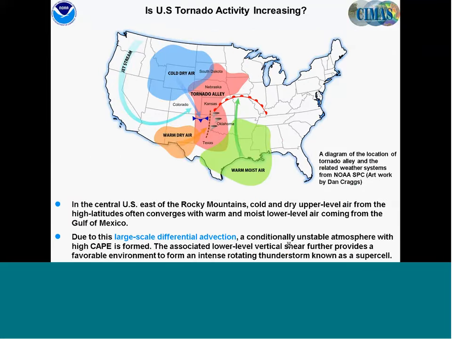All right, so this schematic picture illustrates why we have very high tornado activity in the U.S. In the central U.S., east of the Rockies, we have this cold and dry upper-level air coming from the high latitudes that converges with the warm and moist low-level air coming from the Gulf of Mexico. And when these two different air masses collide at different altitudes, there is this large-scale differential advection.